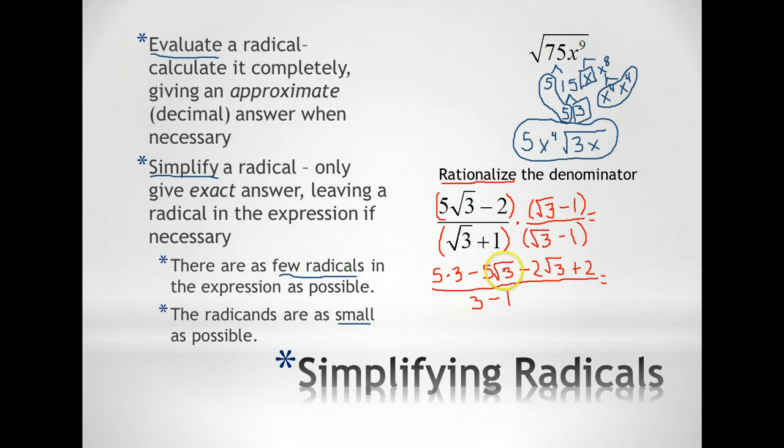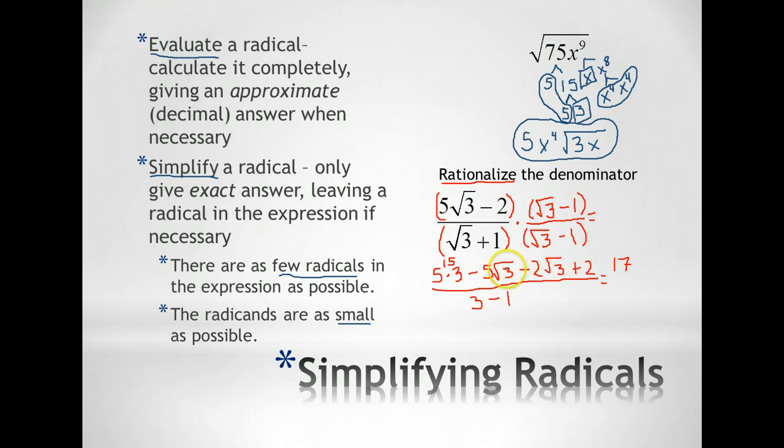So now I need to combine like terms. 5 times 3 is 15. Sometimes I just write it above it. So 5 times 3 is 15. 15 plus 2 is 17. And then these two terms, you can treat a radical like a variable. As long as the radical exactly matches, then these are like terms.